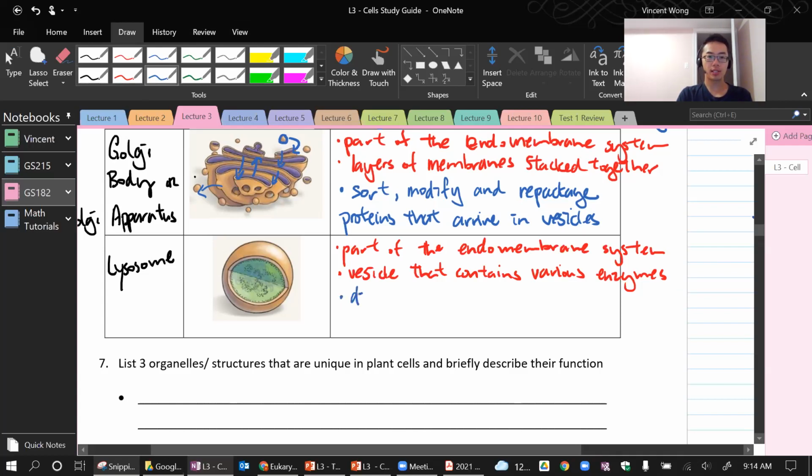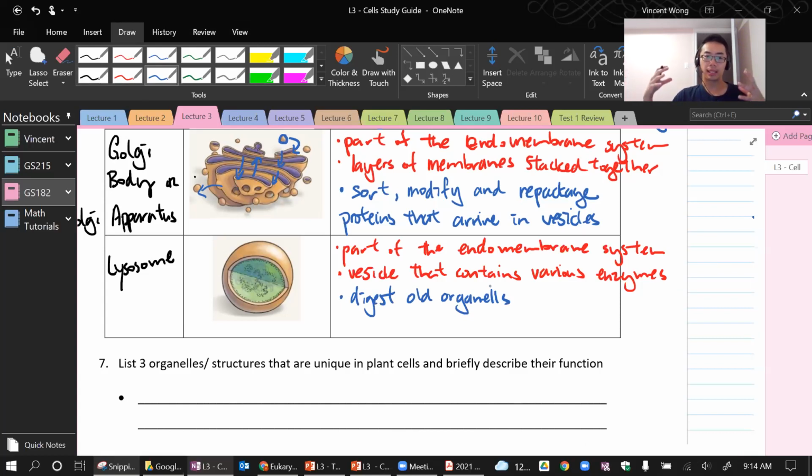It will digest old organelles. So if there is like mitochondria that's not functioning anymore, then the lysosome will fuse with it and break it down, and in turn release some of the resources to be reused.